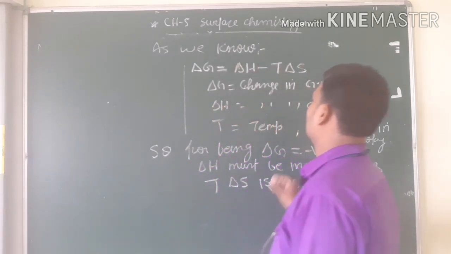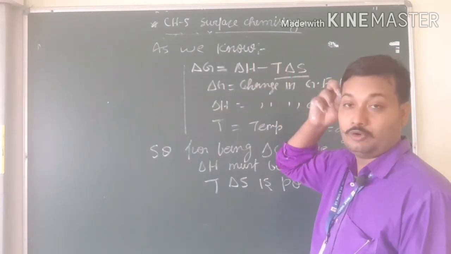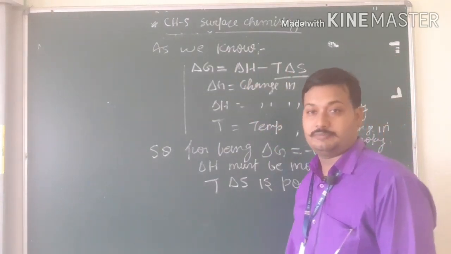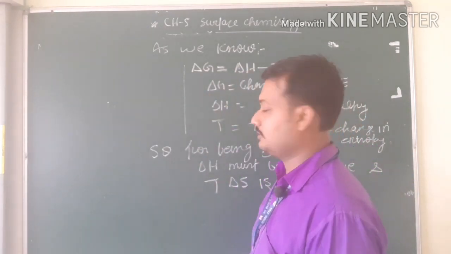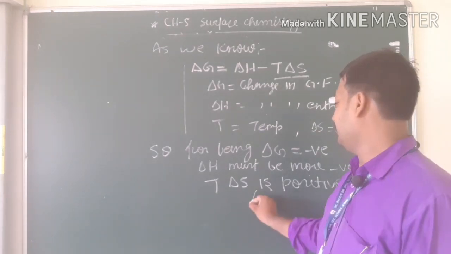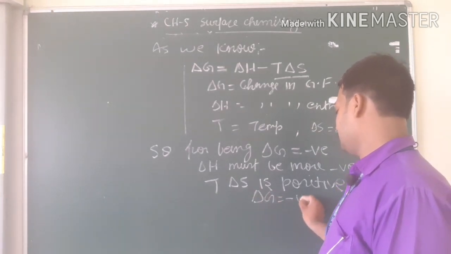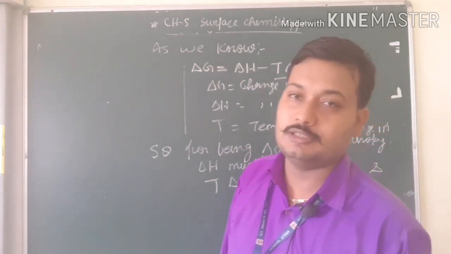Are you getting it or not? If T delta S is positive and delta H is negative, both the values together make delta G negative. So T delta S is positive and delta G is negative, and the adsorption is spontaneous in nature.